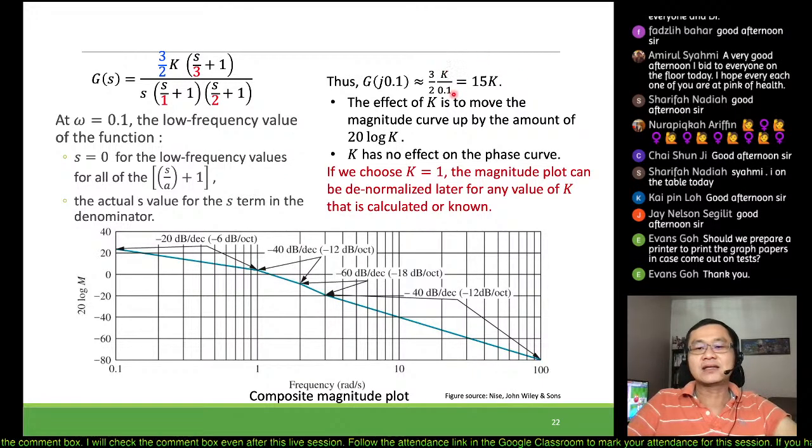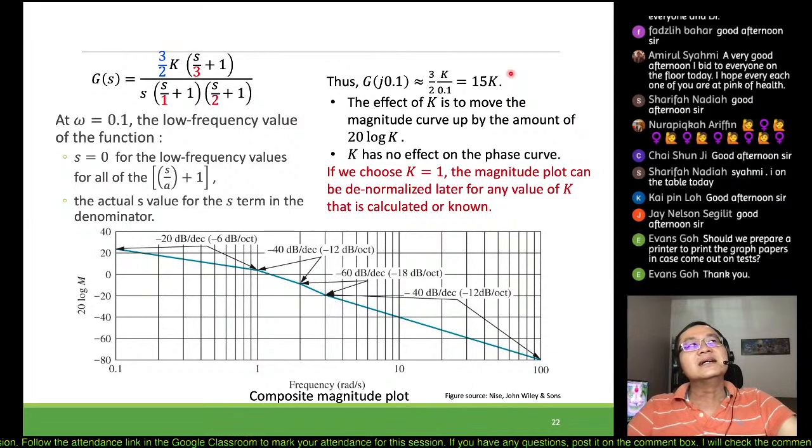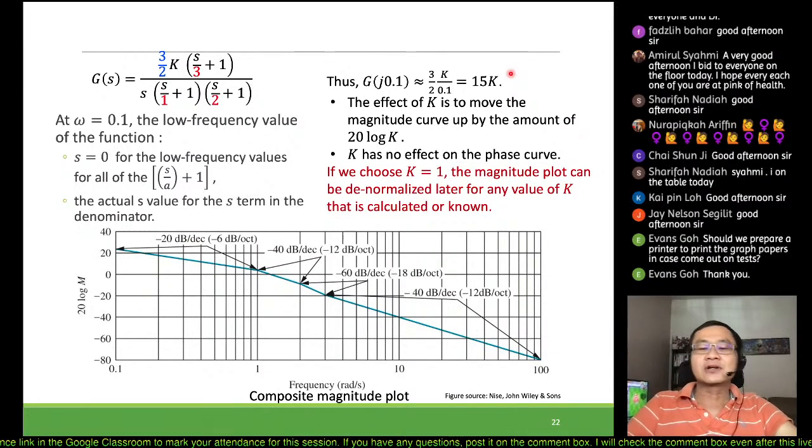So 15k. This is how we can scale and also normalize them together.